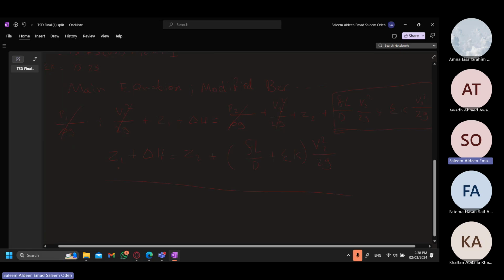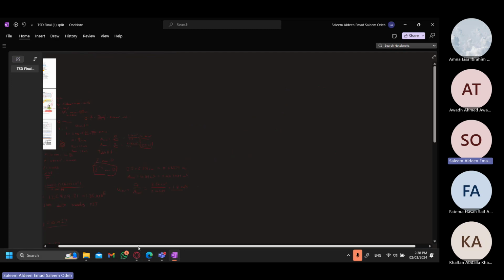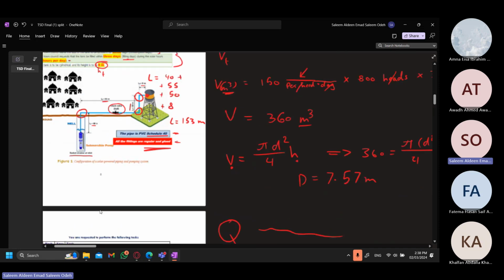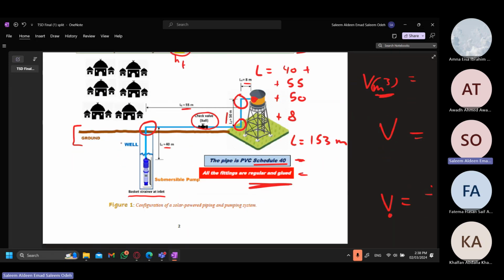Now regarding Z1 and Z2, it is your choice what to take as the ground level and what to take as the second level. Some people prefer to take the ground, this level here, as the intermediate. So Z1 would be negative 40 since it's going downwards, and Z2 would end up being 50.